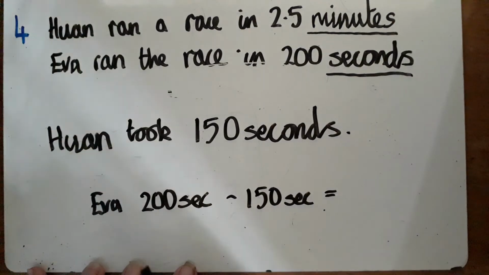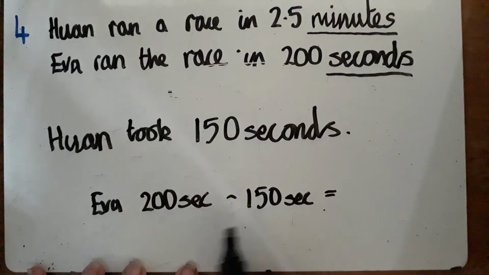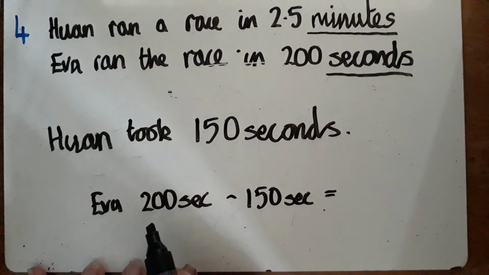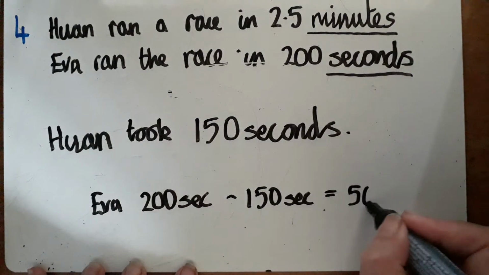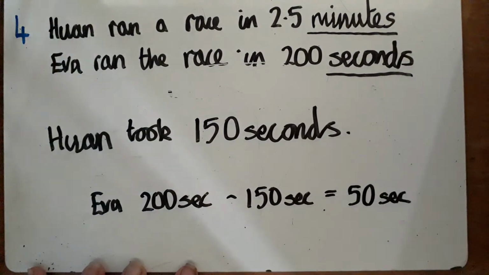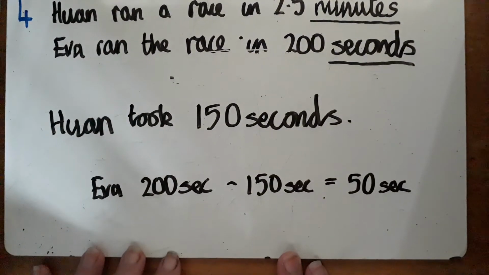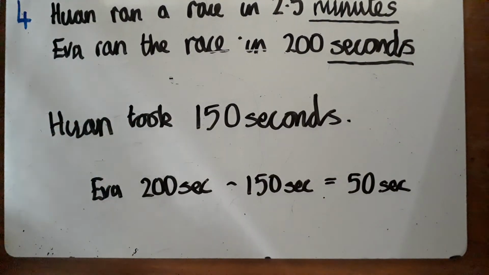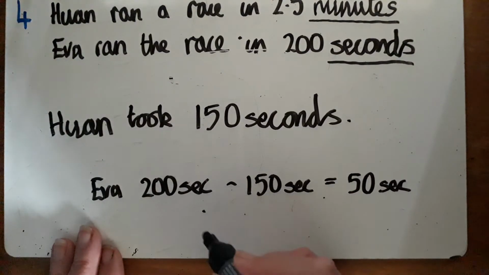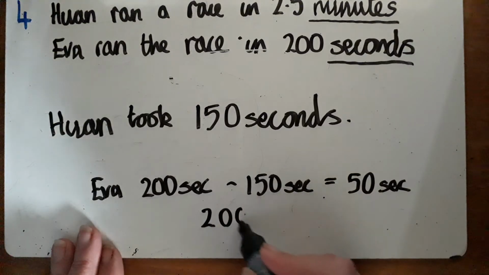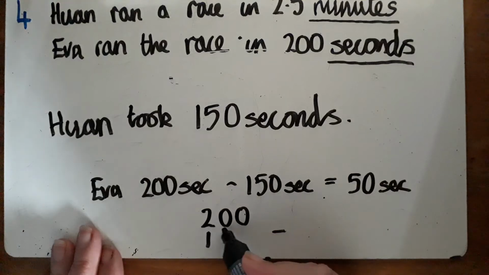I think most of you will be able to see the difference between 200 and 150 is 50 seconds. You could go up in tens, or if we need to find the difference between two numbers, which you will need to do on the question sheet, we will be doing 200 minus 150.